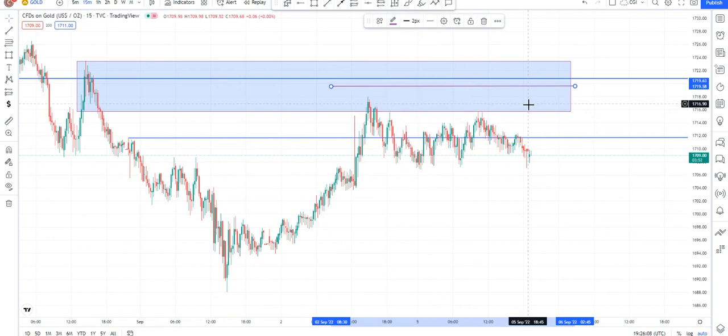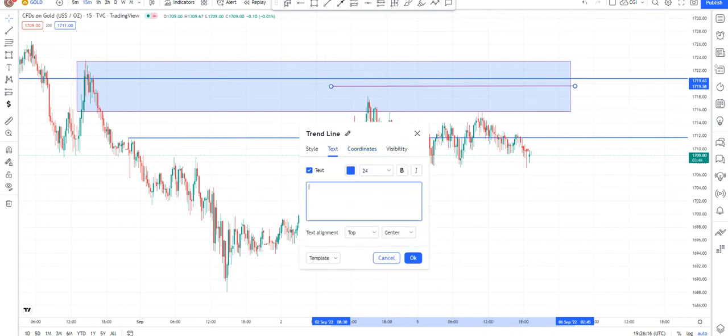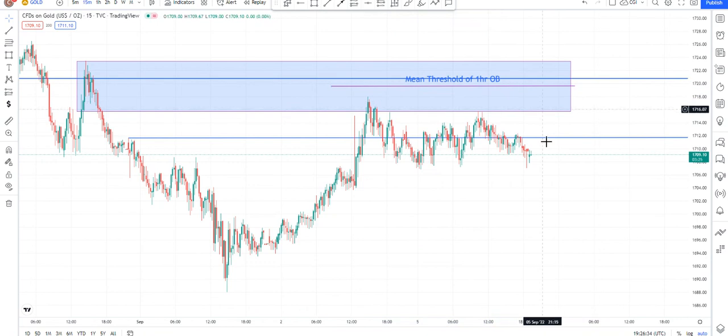I'm going to change the color of my line, and then you can put the text and say this is your mean threshold of 1 hour OB. Okay. So now you expect that price might reach into this mean threshold, but it should not really go far beyond this mean threshold.